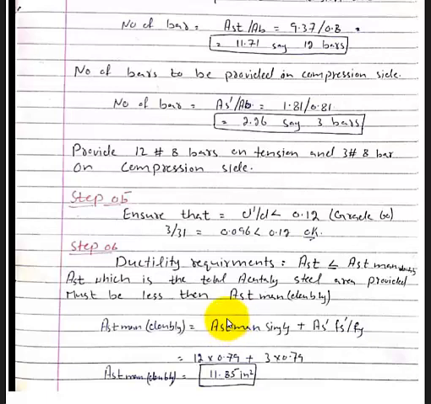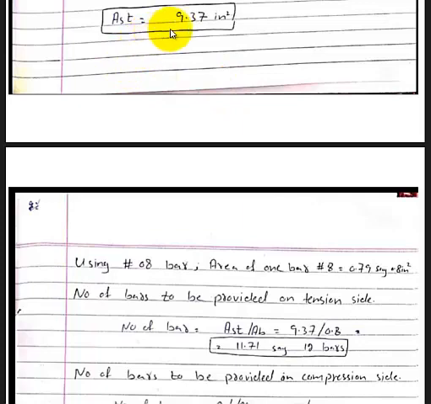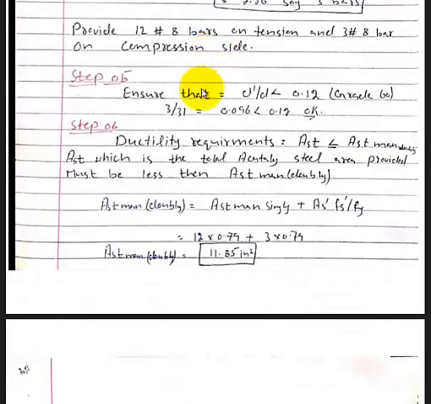If we provide an area less than what we found, the design will fail. Now AST maximum doubly is AST maximum plus As dash fs by fy. Since fs and fy are both 60, the ratio is 1.